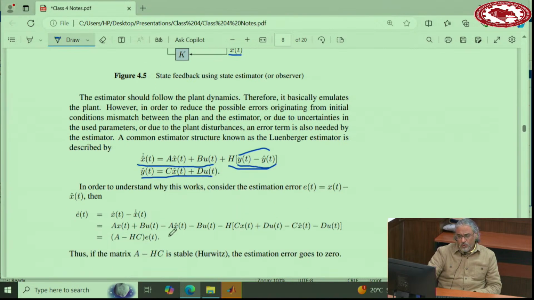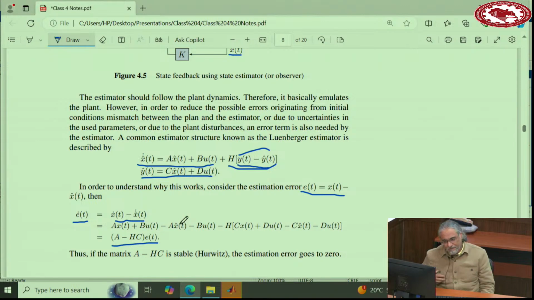We need to prove that this works. If you want to prove this works, you can show that the estimation error goes to zero. Estimation error, E, has this dynamics, x dot minus x hat dot, and then if you substitute from equations and simplify the terms, you will get this one, A minus HC into E. Now, if eigenvalues of this A minus HC are on the left side of complex plane and sufficiently left, then error will quickly go to zero.